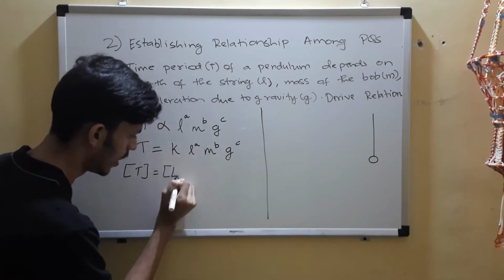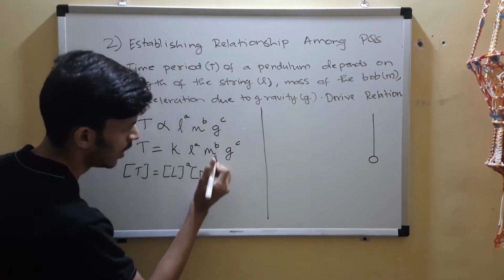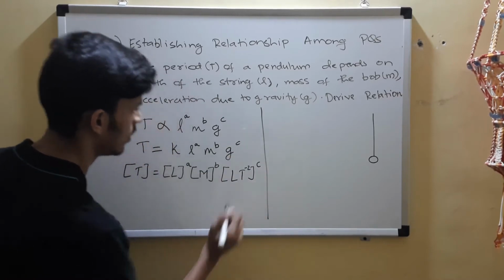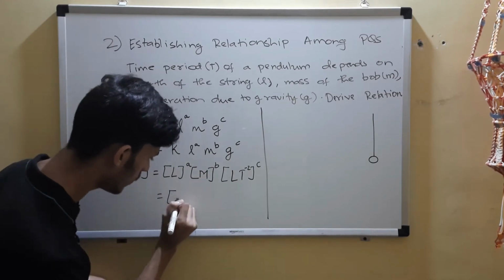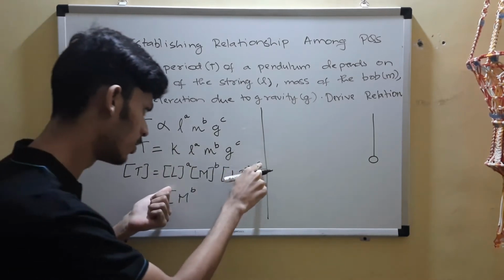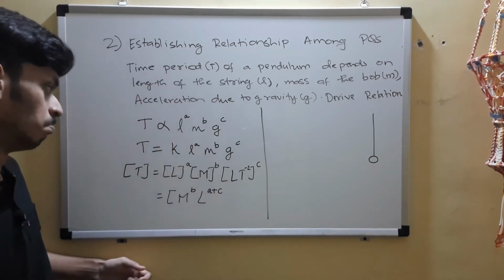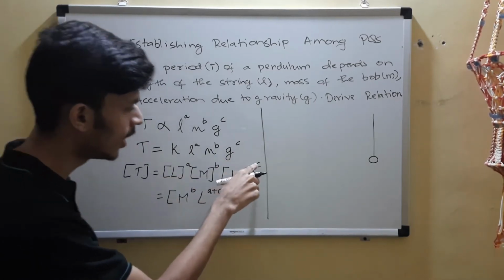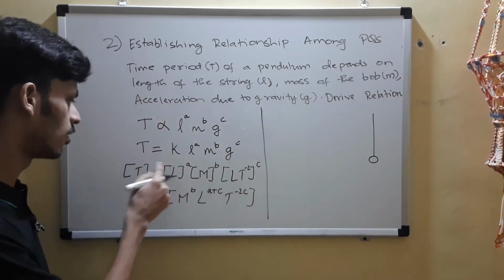This is length, so L raised to A. This is mass, so M raised to B. And this is acceleration due to gravity, which is L T raised to minus 2, and it's raised to C. Now you write it in a single bracket: M raised to B, L raised to A, and here you have L raised to C, which gives L raised to A plus C. And here you get T raised to minus 2C.